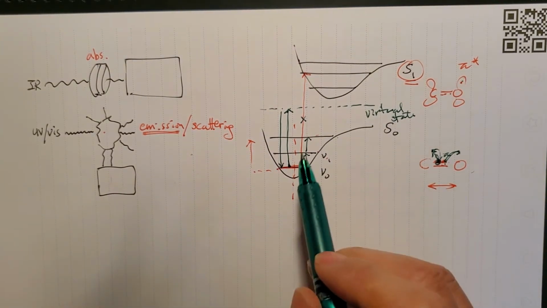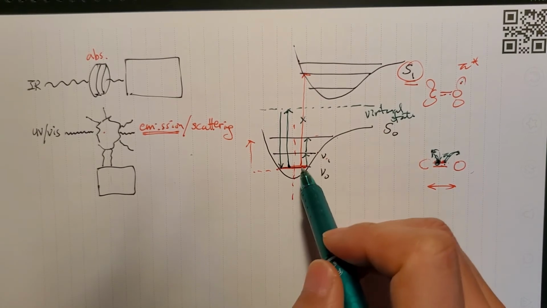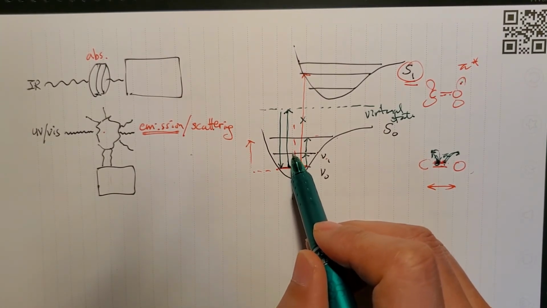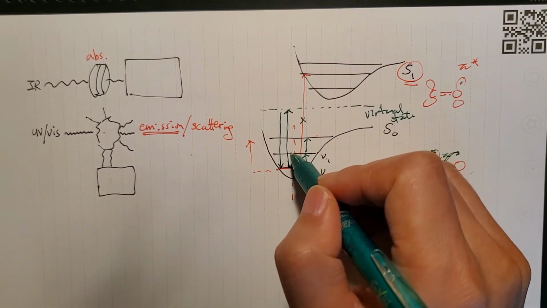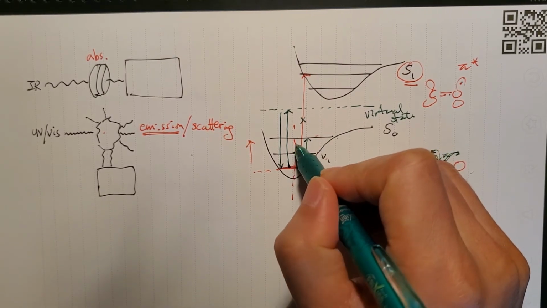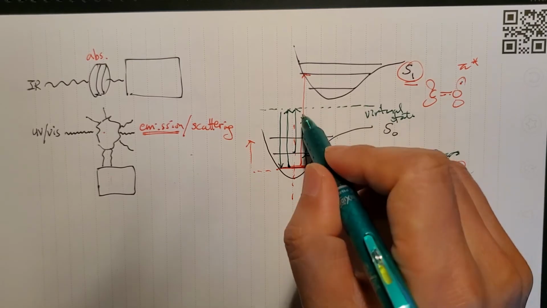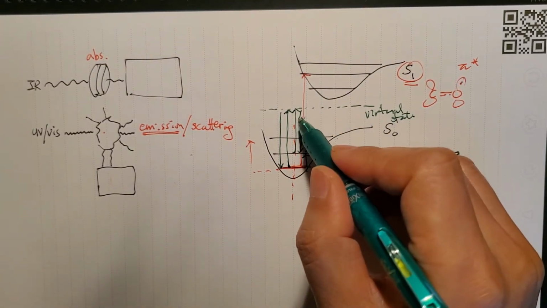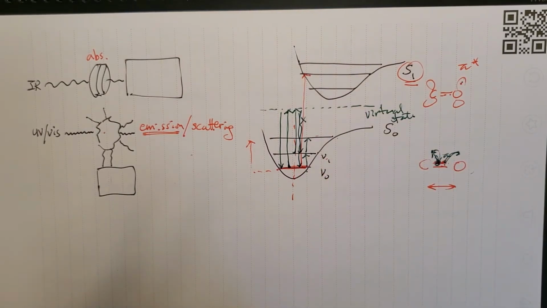But generally speaking, at room temperature, we have less population getting energy, reaching the virtual state and coming back down here or even there. Okay.